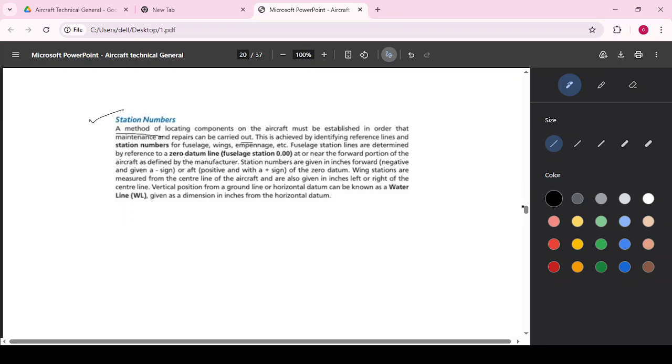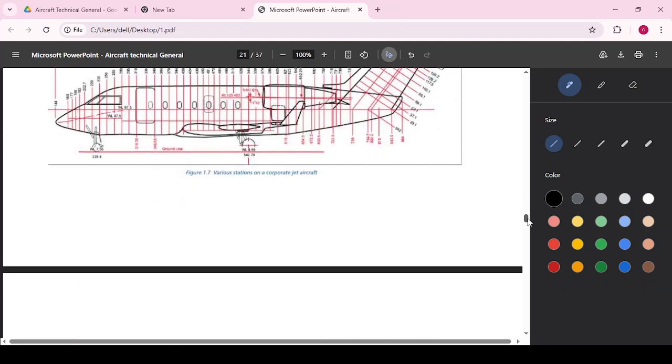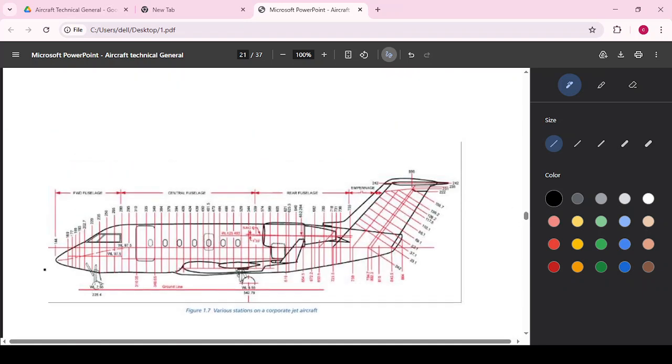We can see where is the zero datum for this aircraft. This is the zero datum in the front.